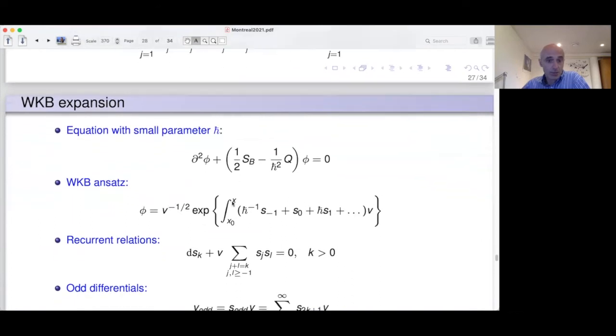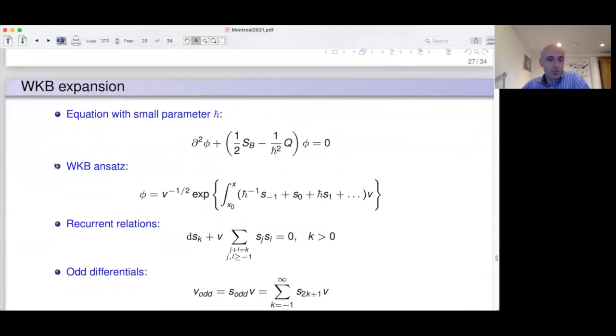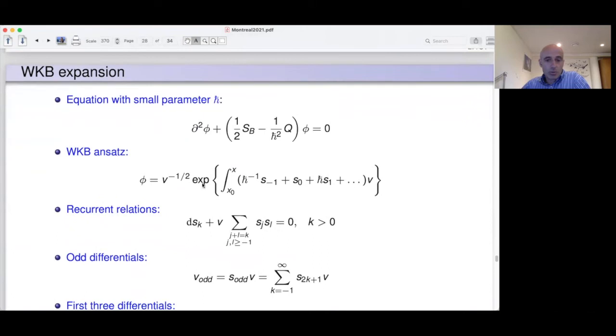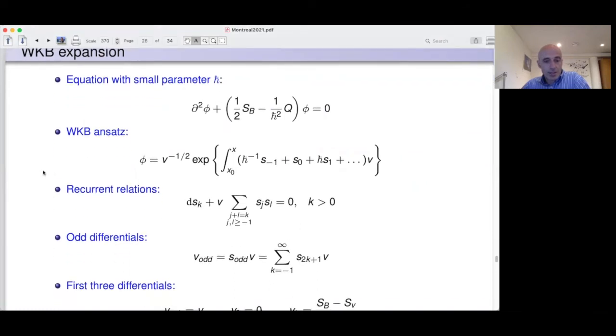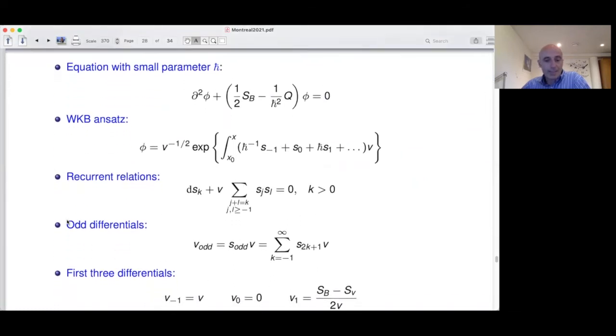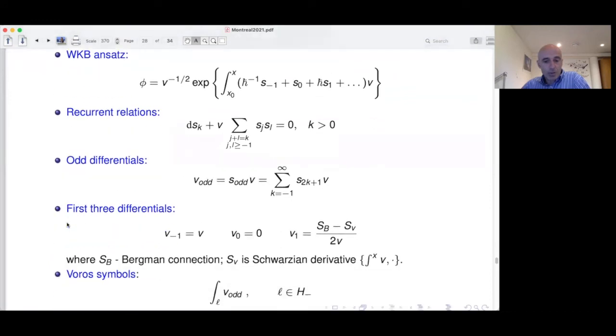It turns out that if you just rescale this quadratic differential part, you can't rescale this because tensorial properties will get spoiled. Then you do this standard WKB expansion, you get these relations from the Riccati equations, and you get a bunch of meromorphic differentials on your canonical cover.